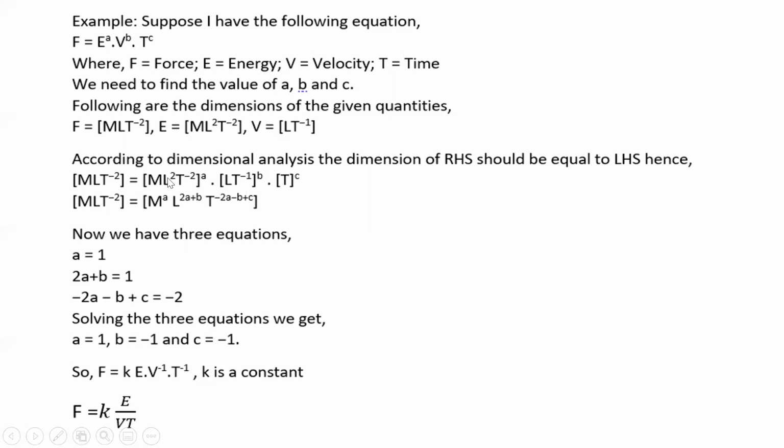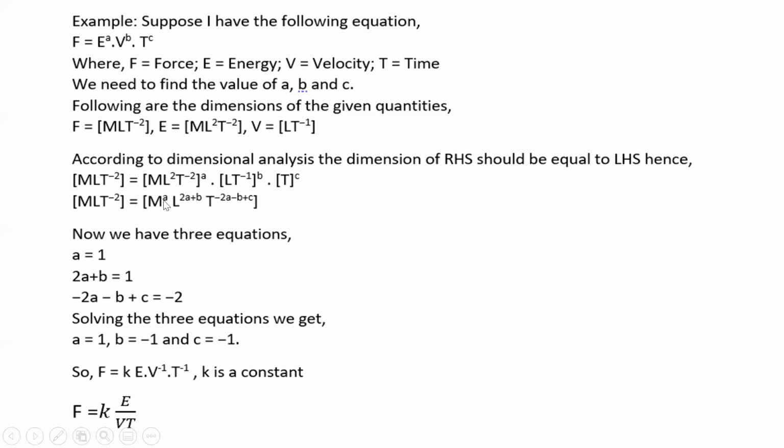So M raised to a, L² into a, so L raised to 2a, and here L raised to b, so L raised to 2a plus b. T raised to minus 2 raised to a, so T raised to minus 2a. Here there is minus b, and here there is c. So T raised to minus 2a minus b plus c.